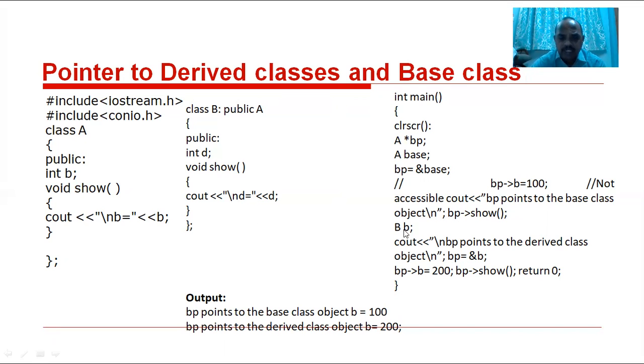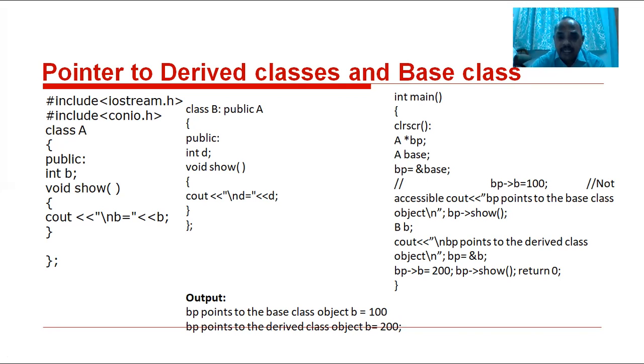Then B is a derived class, capital B is the name of the derived class. Then small b is an object of the derived class. Here cout BP points to the derived class, where BP equal to ampersand b. What is BP? BP is the base class pointer. What is small b? An object of the derived class.